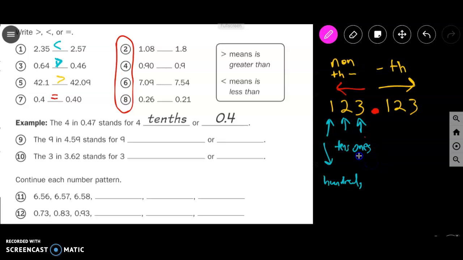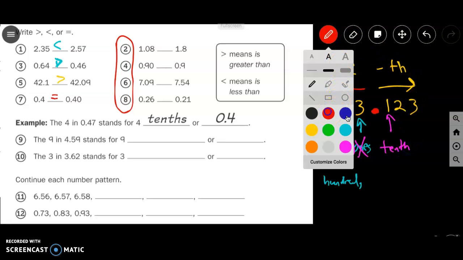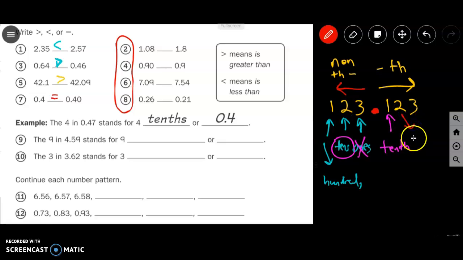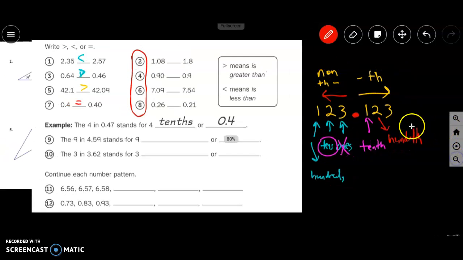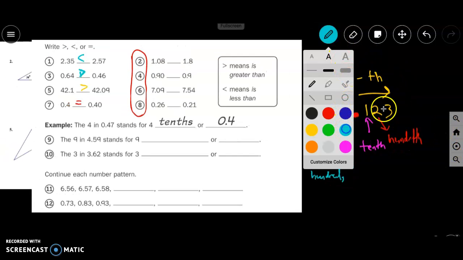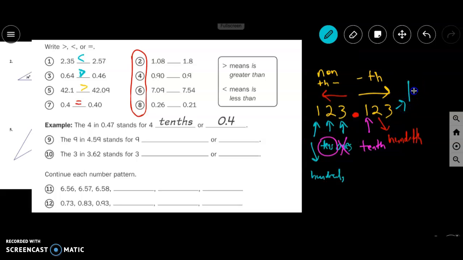We just skip the ones. We go straight to the tens and put a th at the end. So this is going to be the tenths place. So 1/10. This is going to be the hundredths. All right, and then after hundredths is thousandths.